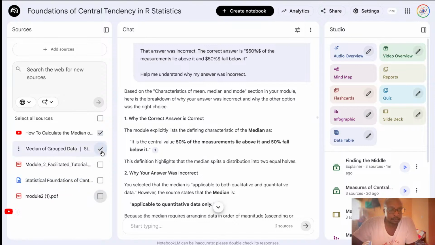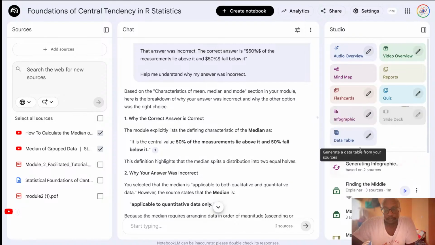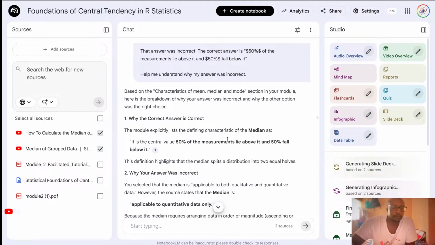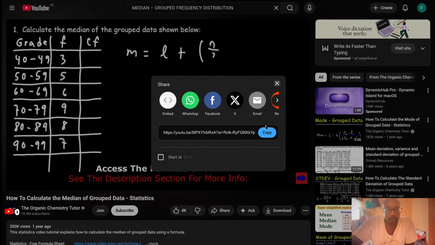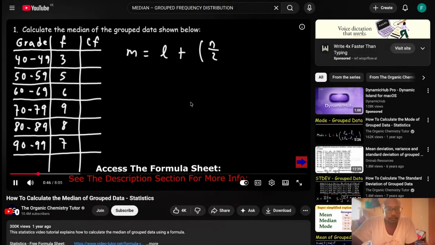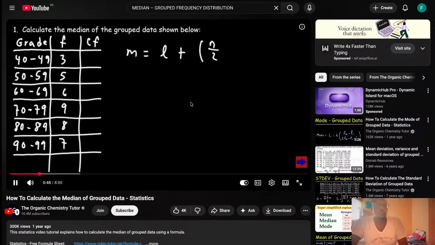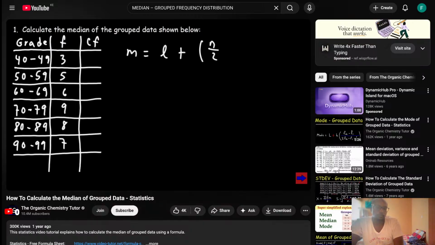Now, the formula that we need to calculate the median is L, where L represents the lower boundary of the median class, times n over 2. N is basically the sum of all the frequencies, the total frequency. Minus c.